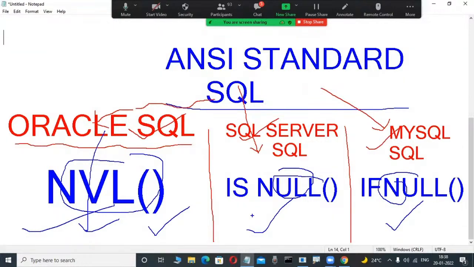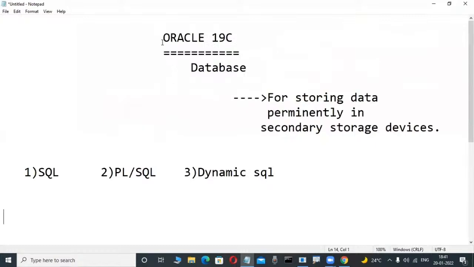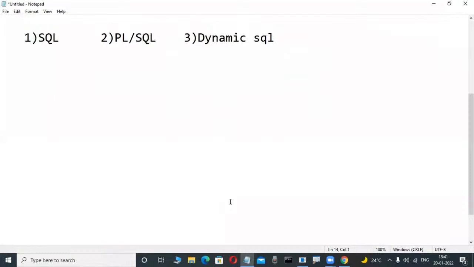That's why, always, what we are learning is that SQL is an ANSI standard language. From that SQL language, Oracle Corporation created their own SQL language, called Oracle SQL. SQL is an ANSI standard language, conceptually the same in every database.